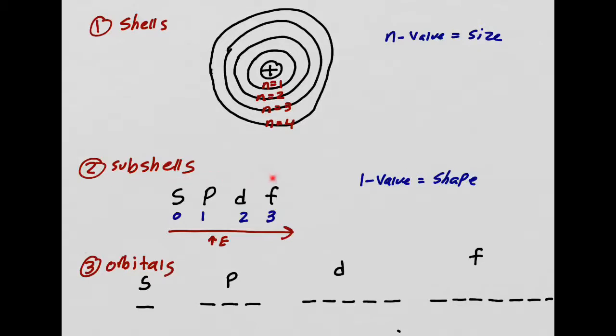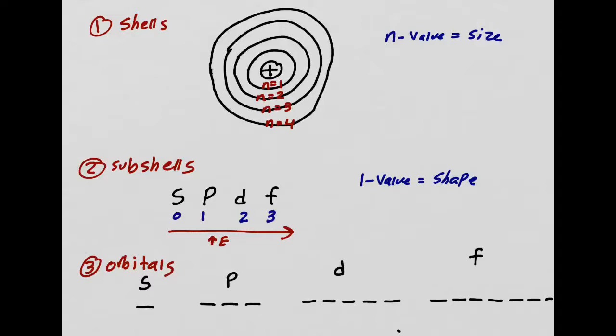And once you know which apartment, then you ask, which room are the electrons in? And these would be the rooms. This is very simplified, but it helps. So: which level, which apartment on that level, and which room the electrons are located in. The way I look at it, the S, P, D, F are like apartments.